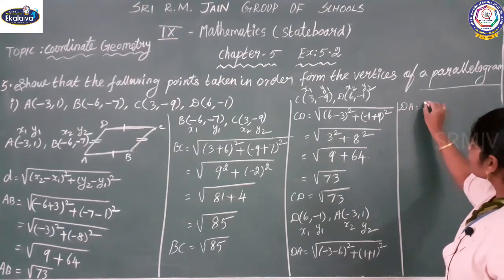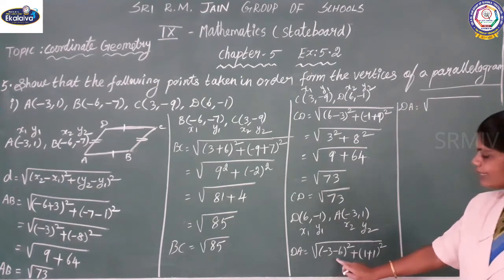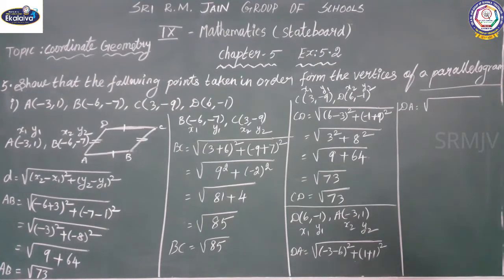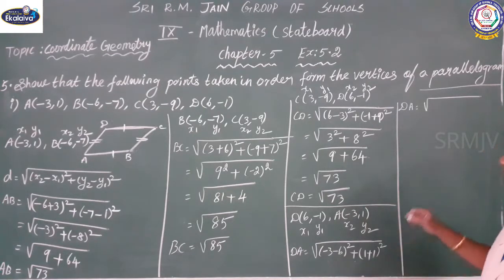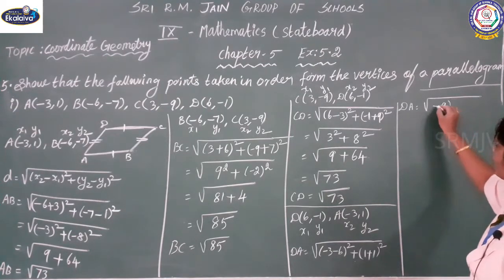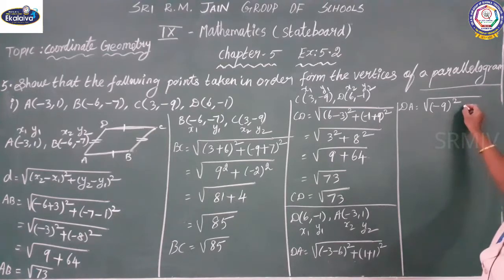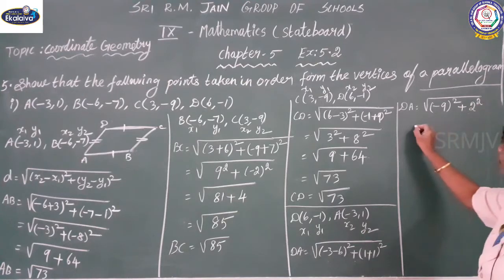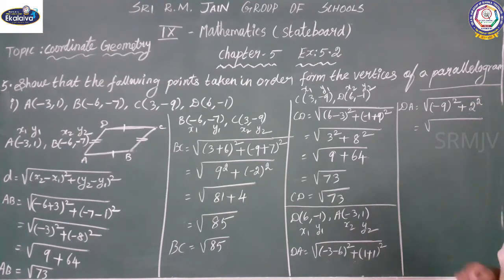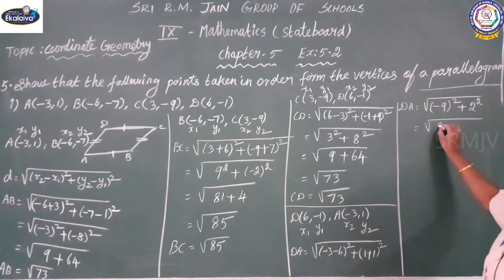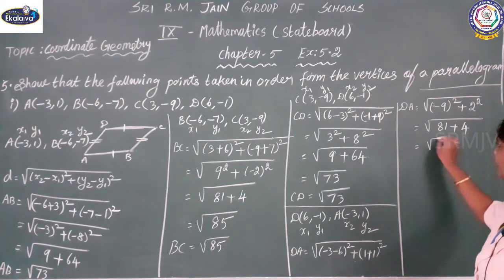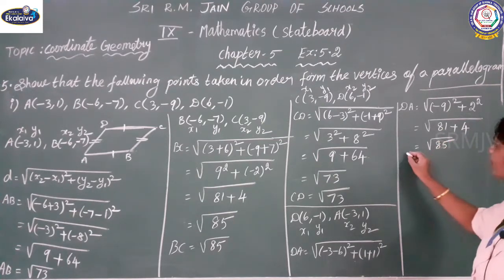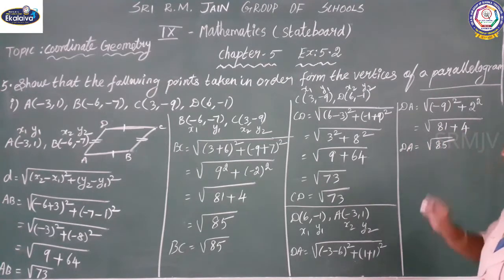DA equal to root of minus 3 minus 6. What you will get, children? Minus 9. Okay. So minus 9 the whole square plus 1 plus 1, 2. 2 square. So minus 9 the whole square, what you will get, children? 81. 81 plus 2 square 4. 81 plus 4 you will get 85. So DA equal to root 85.